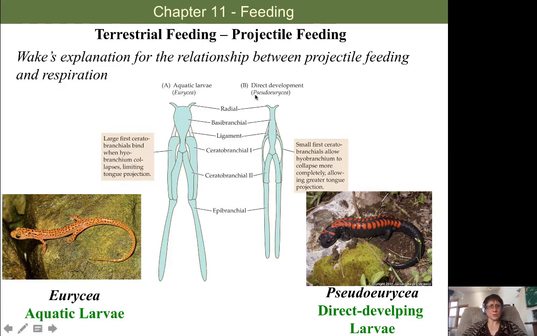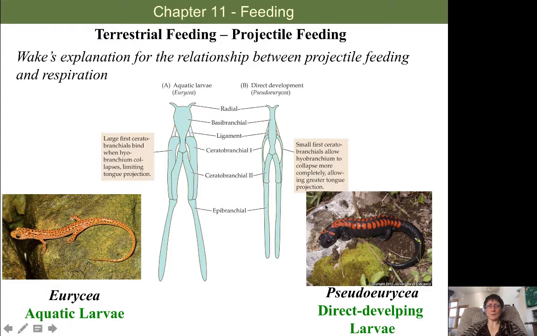So there was this extreme development of the hyoid apparatus involved in this. And there is a relationship between direct developing versus aquatic larvae too, that he referred to as well. By virtue of being aquatic, these guys had developed a much larger hyobranchial apparatus compared to those direct developing larvae.